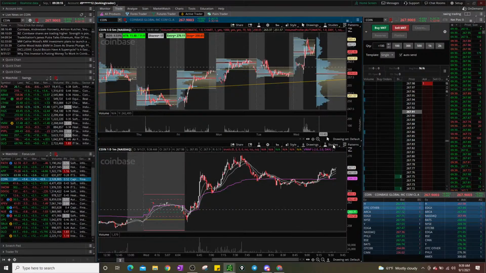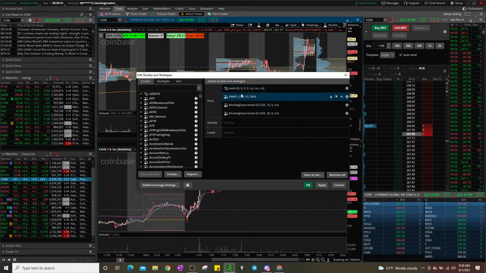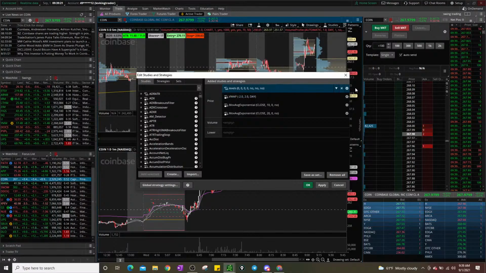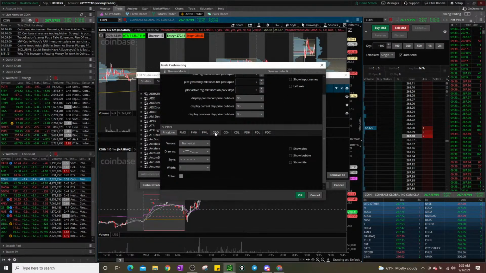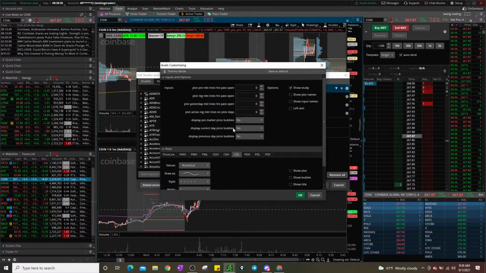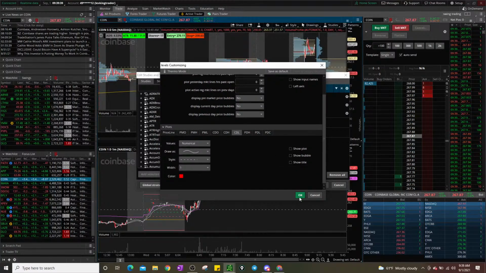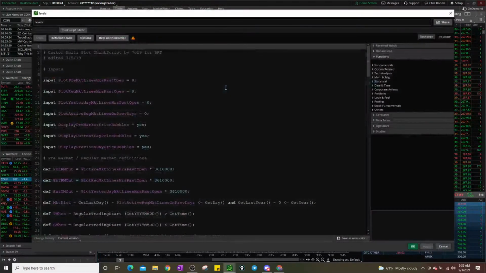Here's the study for this chart. This is levels. Oh yeah, I'll show you levels real quick. There is more. You can have current day open, current day high, current day low. There's a lot of different ones, so I turned off many of them, and here's the study for you.